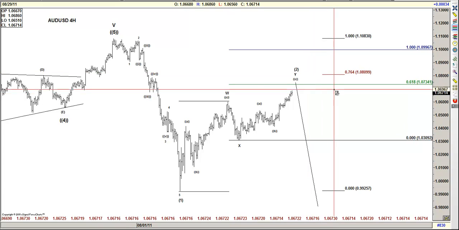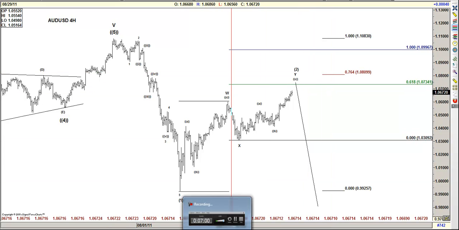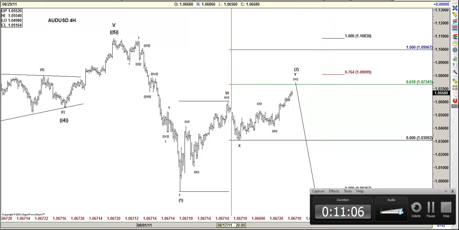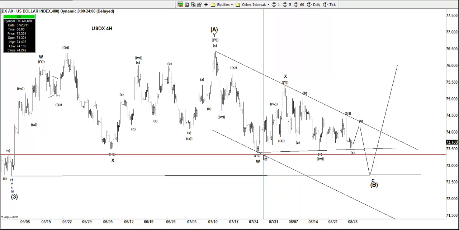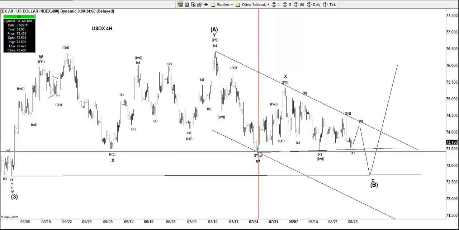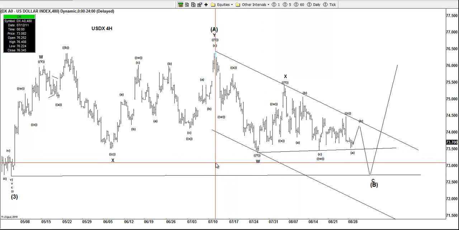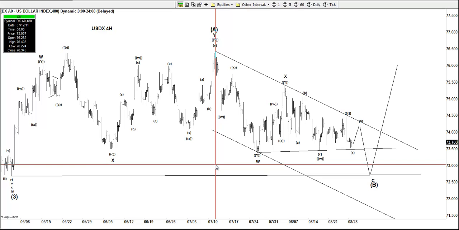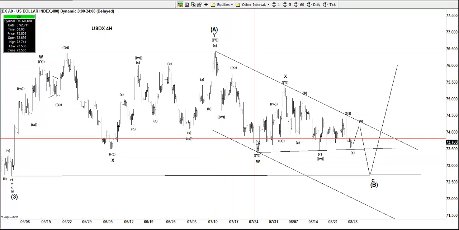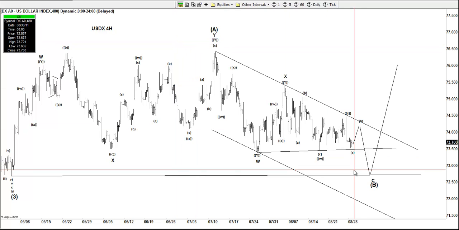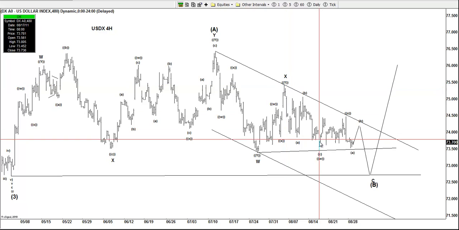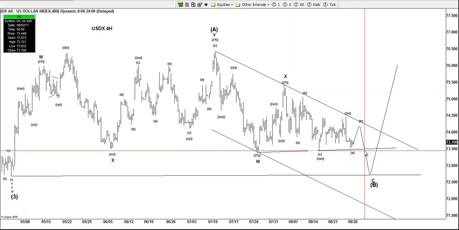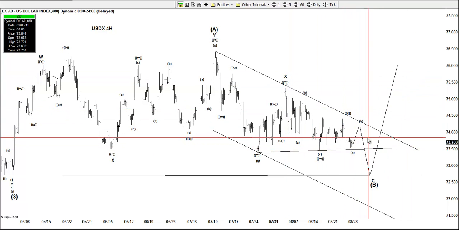Now finally, let's take a look at the US dollar index. The US dollar, like we mentioned today, didn't break right here, didn't make a new low. So maybe, believe it or not, guys, the US dollar can be in the case for the triangle B wave, when we got A, B, C, D, and we are in the E wave, that it can take it higher.